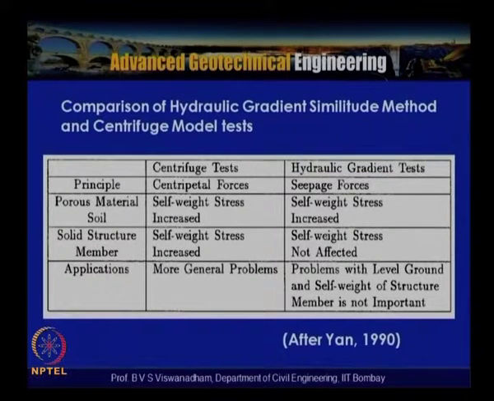And before going further, we also have discussed two possibilities of increasing the gamma. One is the variation of gamma by increasing the seepage forces, which we called the hydraulic gradient similitude method, and in the centrifuge model test we said this is possible by subjecting a model to high gravities. This is done by rotating about a vertical axis in a horizontal plane.